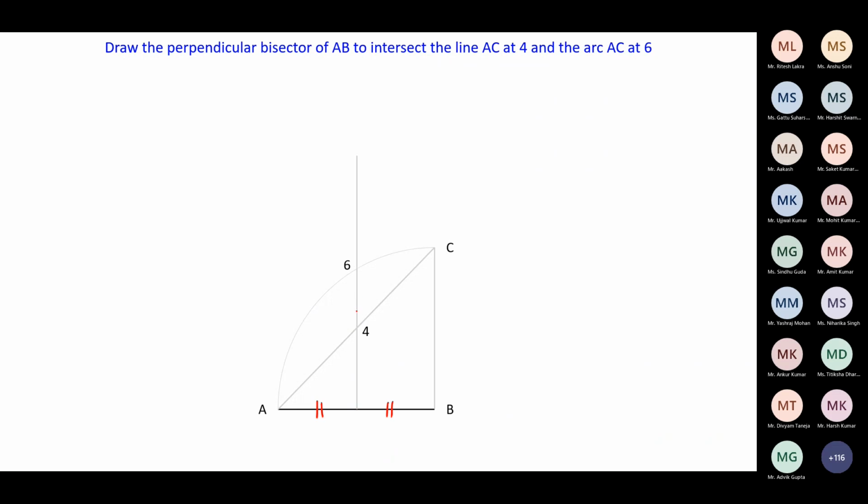Now this perpendicular bisector intersects line AC at 4 and arc AC at 6. So these are the intersecting points of the perpendicular bisector. Got it? Yes. All right. As we've seen, the 4 is to be used for construction of the square, and 6 is to be used for construction of the hexagon.